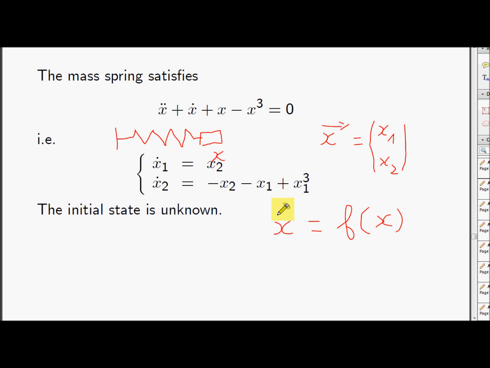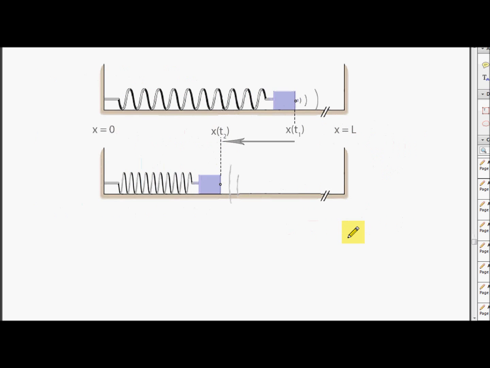It is represented here. I have my spring. The distance between the left wall and the right wall is L. The sound is emitted at time t1 and I receive it at time t2. So in this context, the time of the sound emitted here and received here will correspond to t2 minus t1.